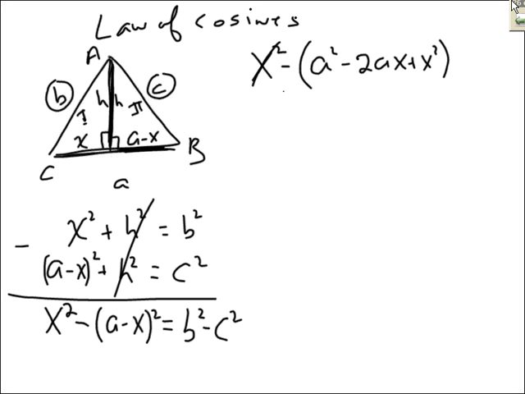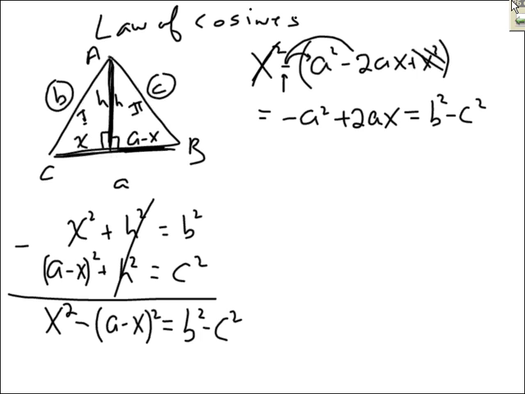Well, x squared minus x squared cancels out. So I have minus a squared and minus negative 2ax, which is plus 2ax. That's the left-hand side, and this is equal to the right-hand side, b squared minus c squared.